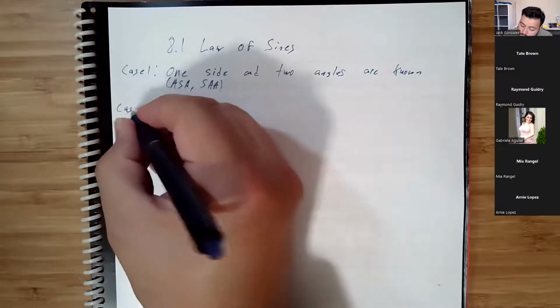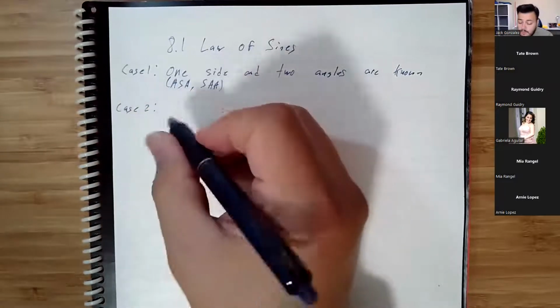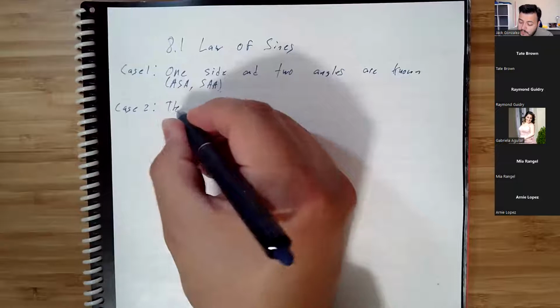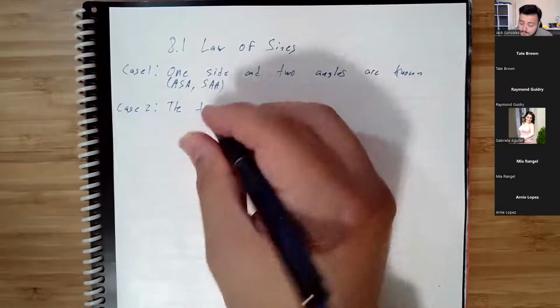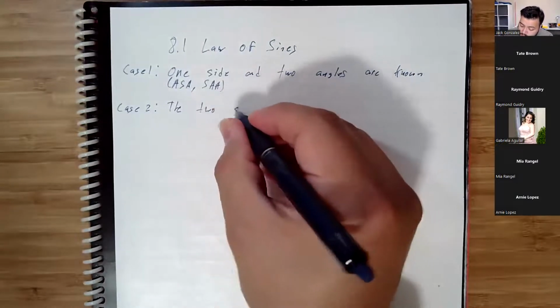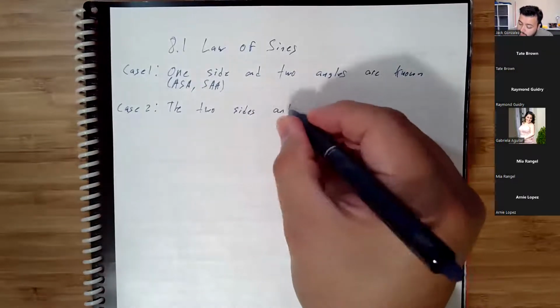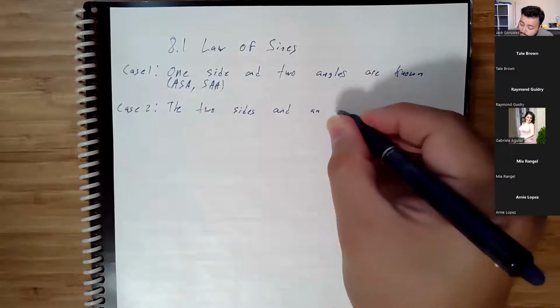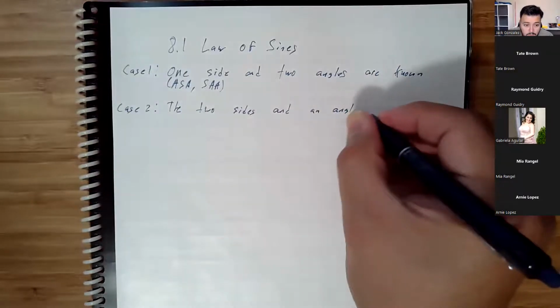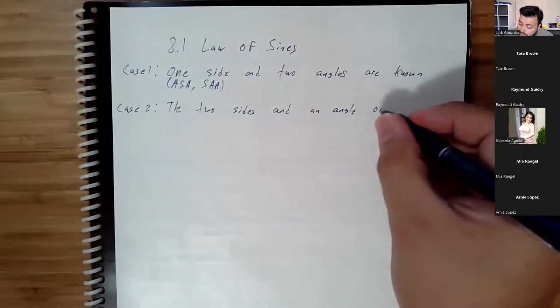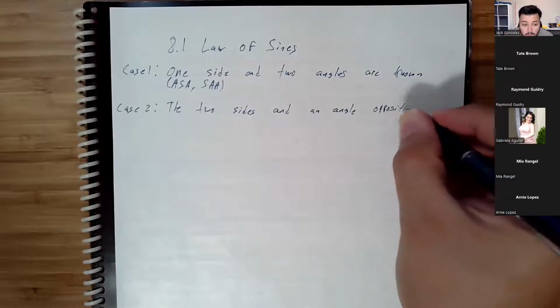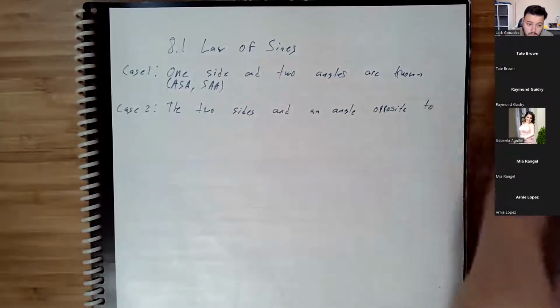Case two: the two sides and an angle opposite to one of those sides.